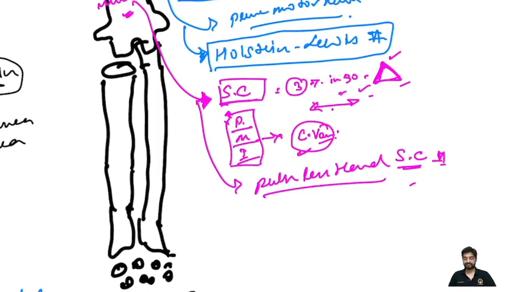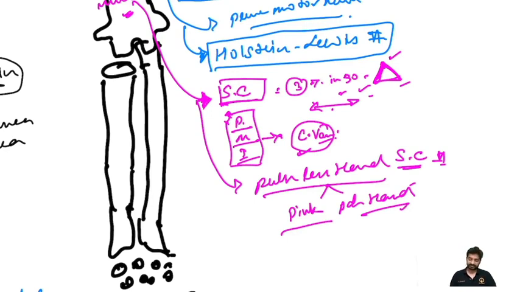Pulseless hand is again divided into 2 types, pink hand or pale hand. Pink hand means collaterals are still intact, so the SpO2 will be around 99 or 100%, whereas in the pale hand the collaterals are also damaged.